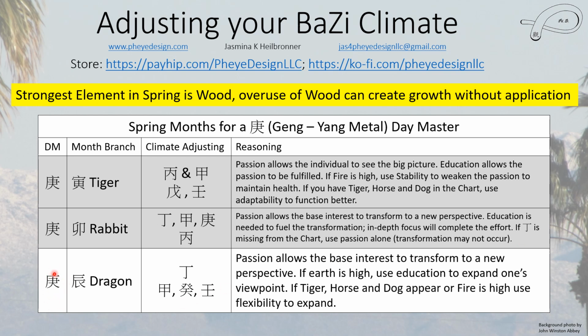So a Gung Day Master born in the month of the Dragon, basically, again, you're using passion to transform an idea into something in real life. If Earth is high, you need to use education to expand your viewpoint, expand your knowledge base, expand what you know can actually work. And that can be a big thing. Again, education doesn't necessarily mean formal education.